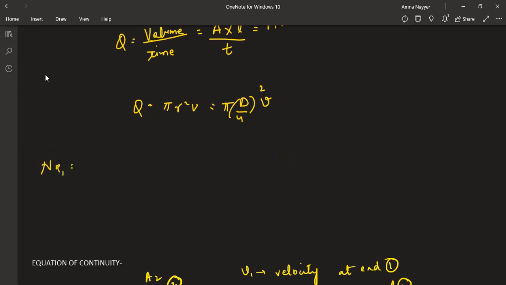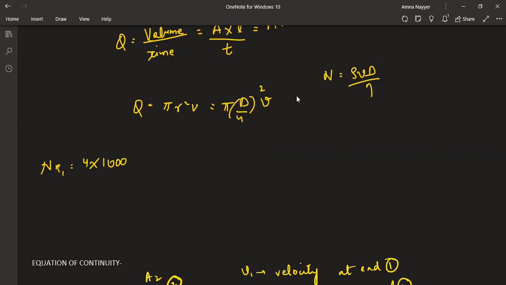NR1 will become, see, Reynolds number is basically rho V D by eta. Rho V D by eta. Or you can do one thing, you can put the value of V as Q by pi d square by 4 as well. Same way you can put it. So here what you could do, you get this as 4 into 1000.